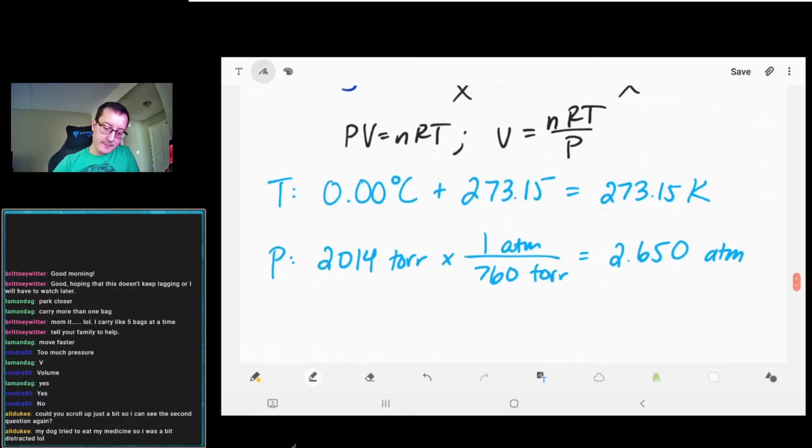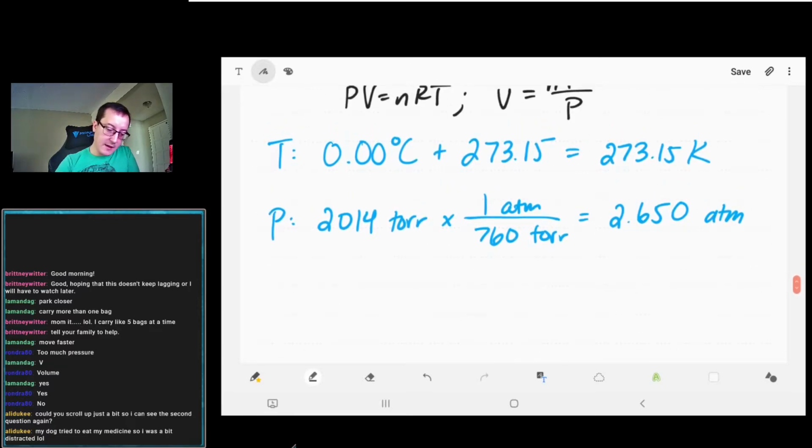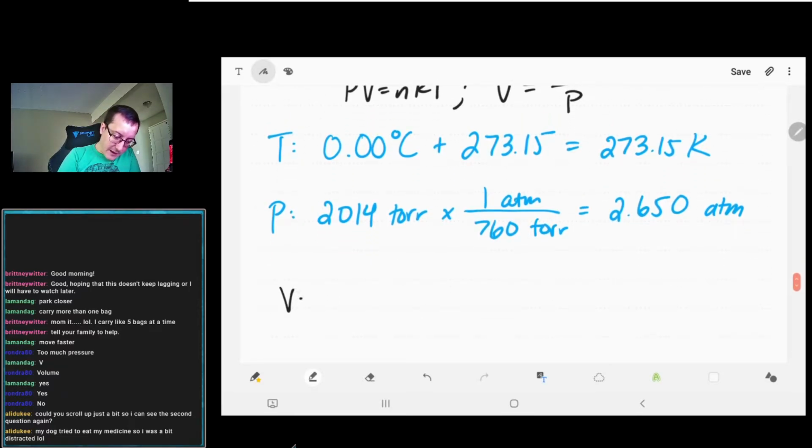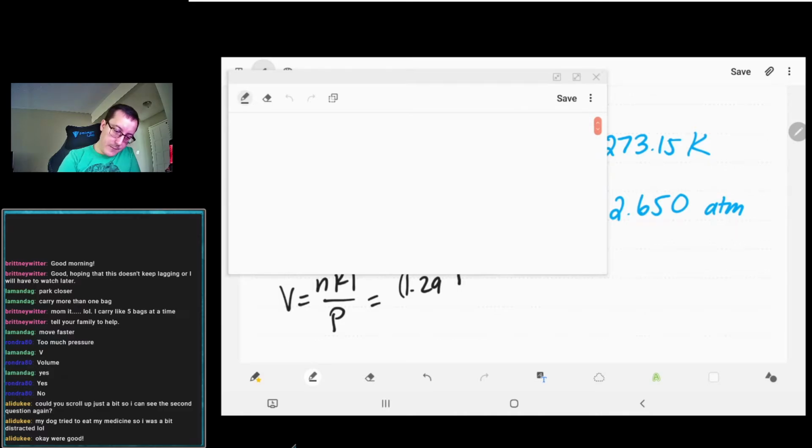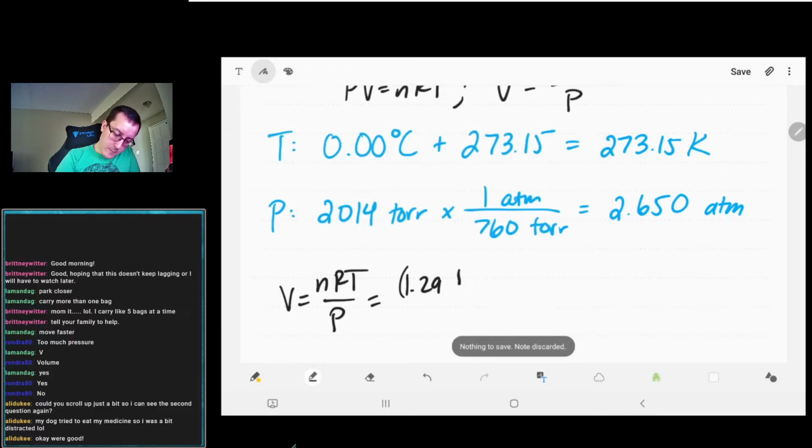Cool. So in that case, I'm just going to duplicate it. The moles was 1.29. I guess I'll be good and write my units. R, of course.